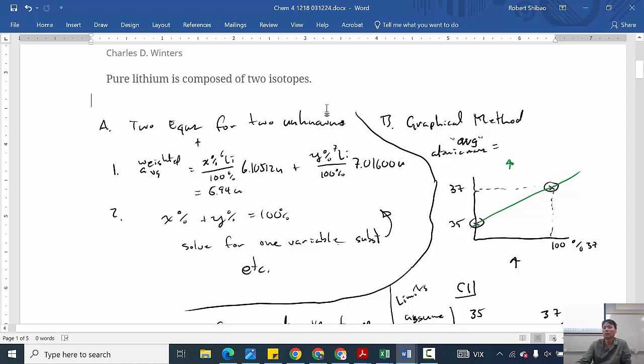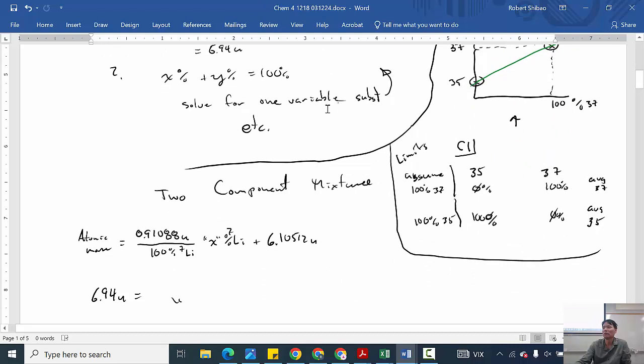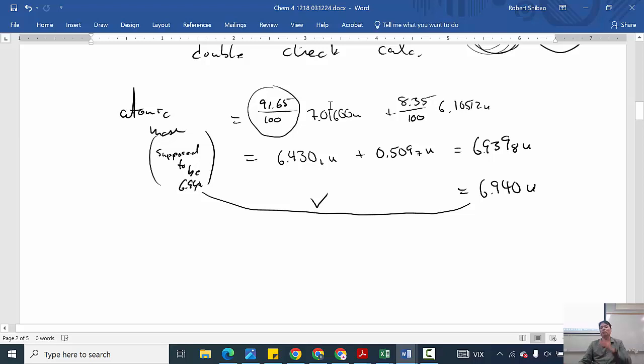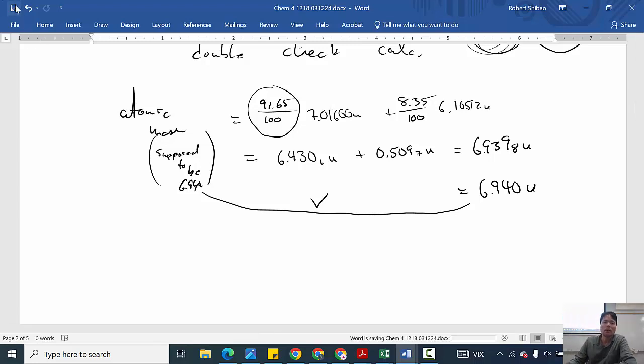What's the name of this, is it percent composition or something? Yeah, right. Percent composition of a multi-component mixture. Let me give you some examples of this. For example, we want to figure out the percent composition of an iron ore.